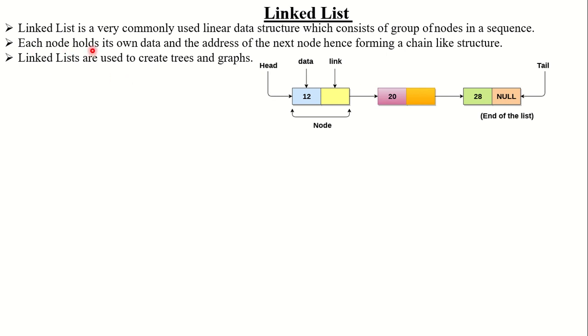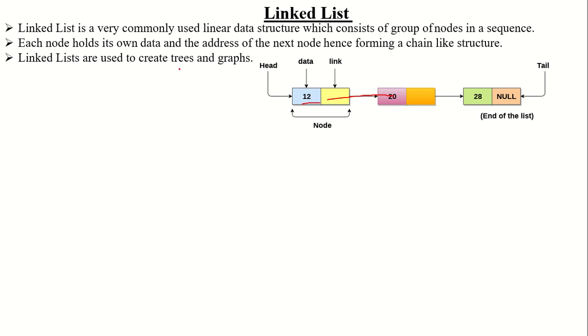So what is a linked list? It is a very commonly used linear data structure. See, it is a linear data structure because the arrangement of the data is linear. Linear means one after another, which contains a group of nodes in sequence. Each node holds its own data and the address of the next node, forming a chain-like structure.